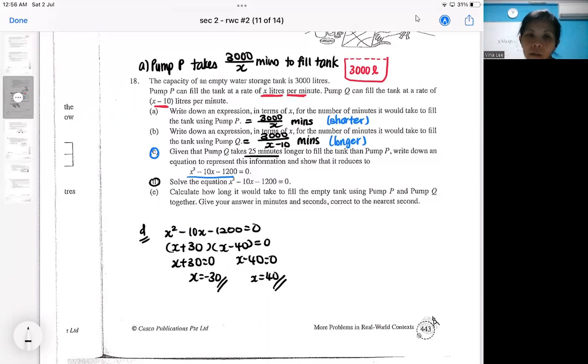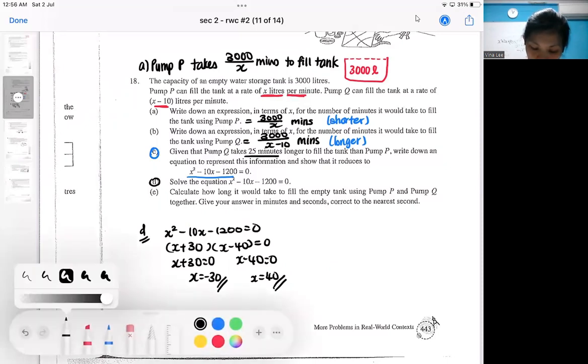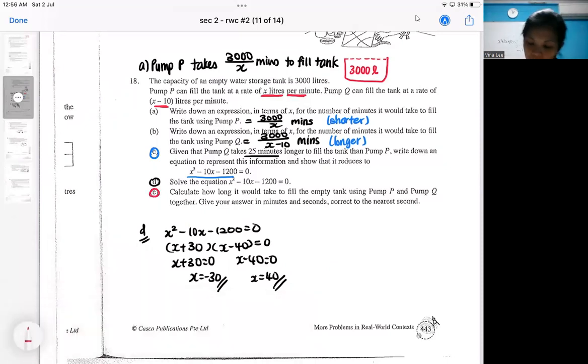But later on, in the last part, you will need to use the relevant one. Since x represents liters, your explanation will be something like, since x is greater than 0, the chosen x should be 40. So you use your 40 to answer the question.